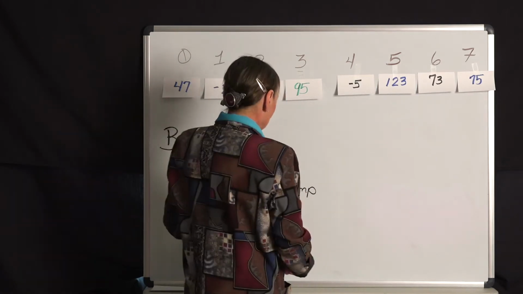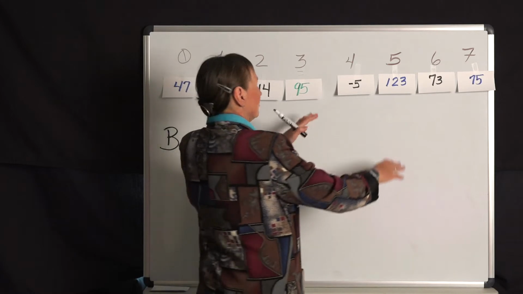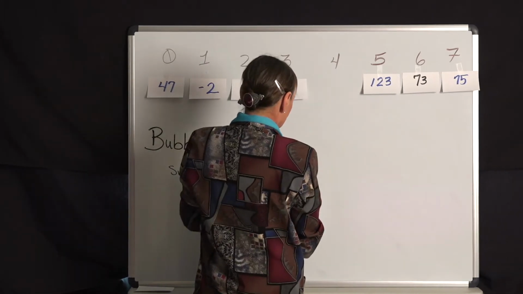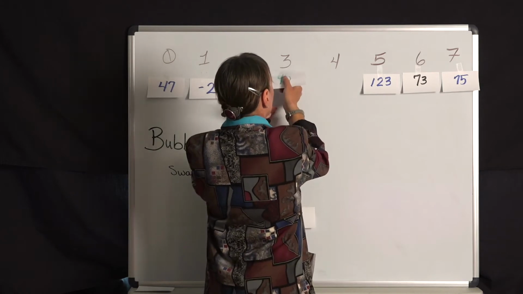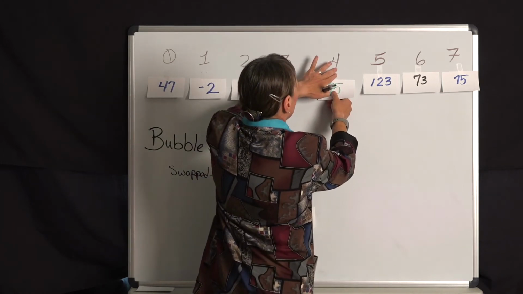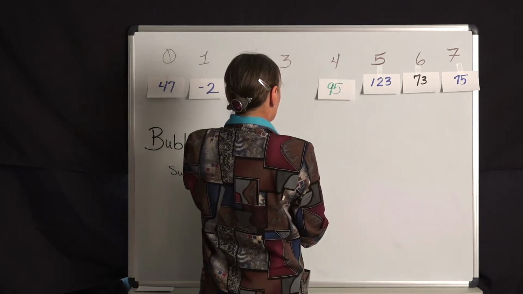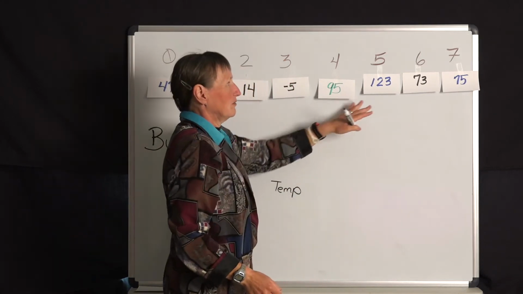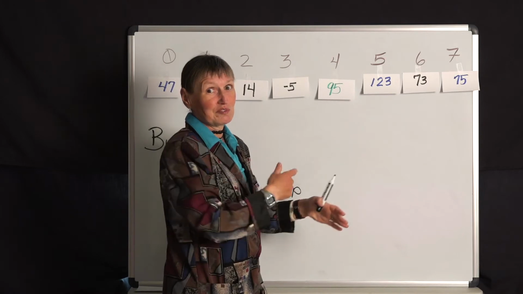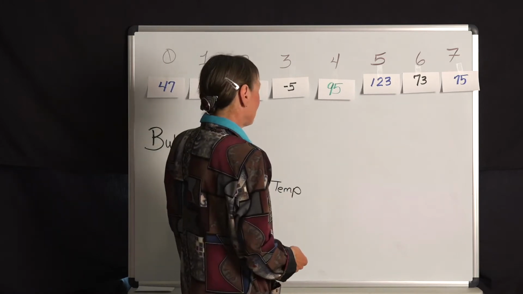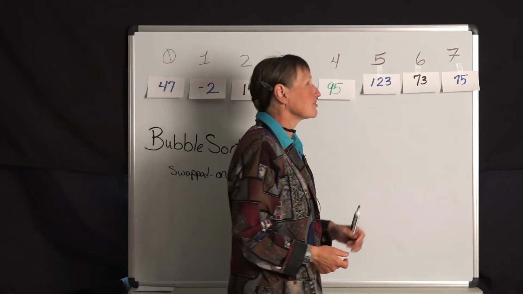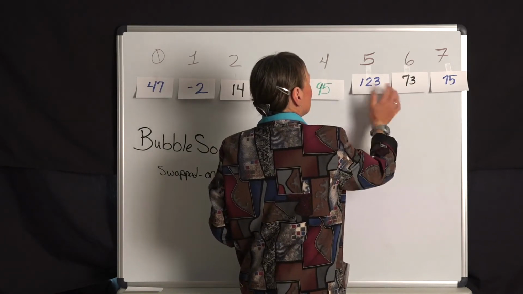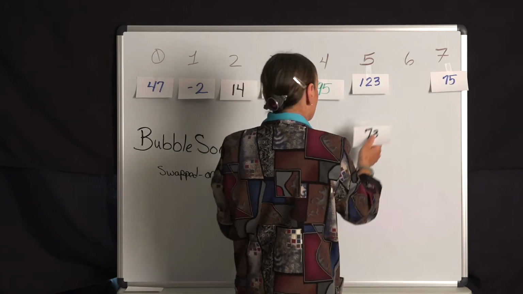Swapped is still on. We go 95, -5. Now we swap them again. 95, 123. Hey, finally we got one that we don't have to move, but swapped stays on through our pass.